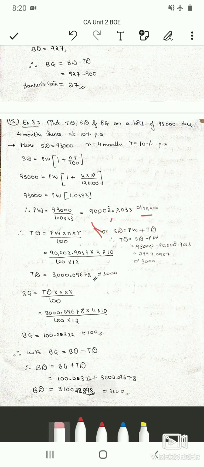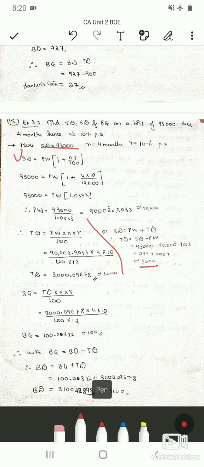We know this rule, right? Sum due is present worth plus true discount. Now in the solution we have sum due and present worth, so true discount will be sum due minus present worth.